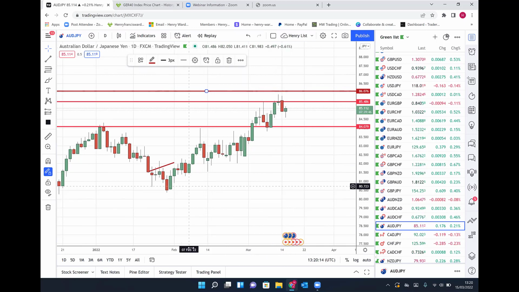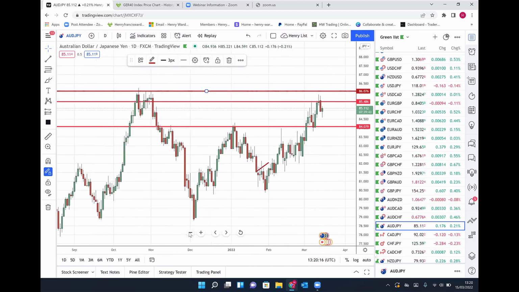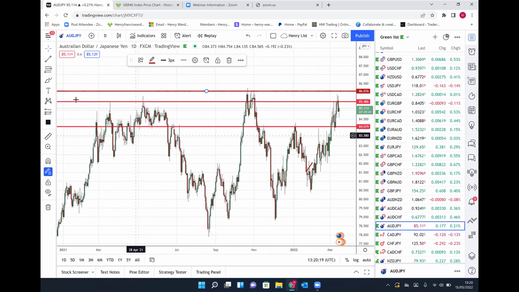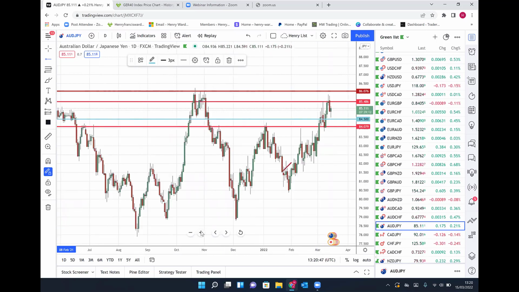Now, the question is, is this a trade that we'd be looking to take? Let me have a quick look. The problem with FX is that if you go looking hard enough, you will find the areas. So there's 1, 2, 3 touches there, but look, it's broken, broken, broken, broken, broken, broken, broken, bounced, broken, and we're now back at that area.